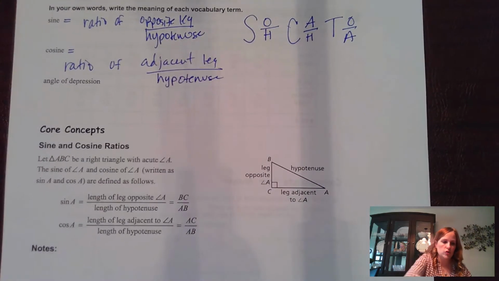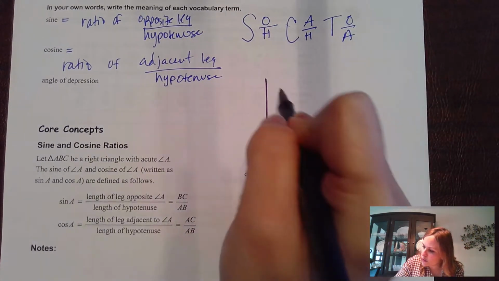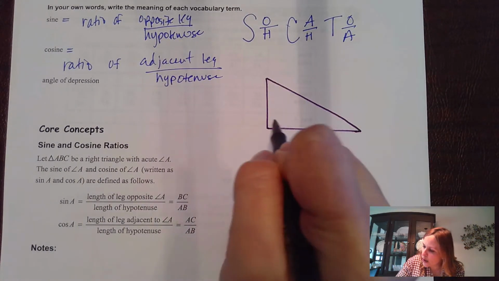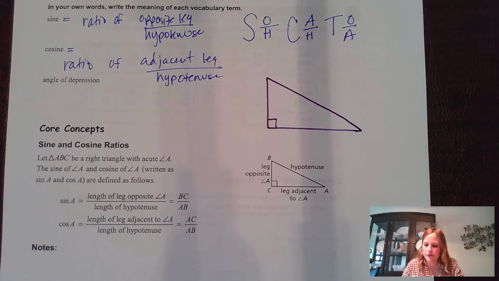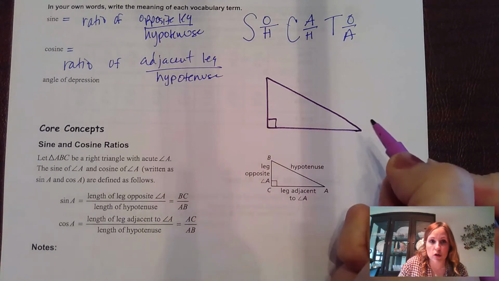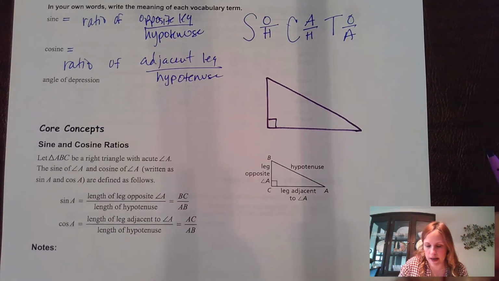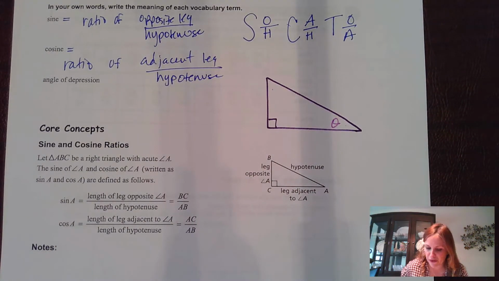If we were to draw a triangle, let me draw one right here, a little right triangle. Let's label it. Here's a right triangle, it doesn't really matter what kind we have. If we have an angle like theta, remember, theta is one of your acute angles in your triangle. It can be up here, it doesn't really matter, so I'm going to place it down here for now.